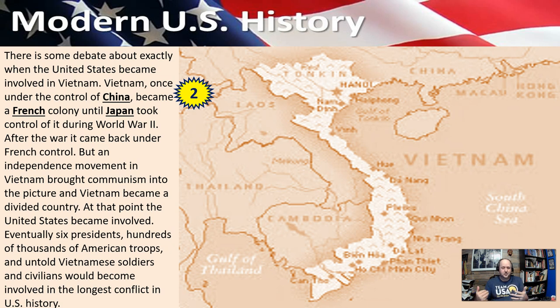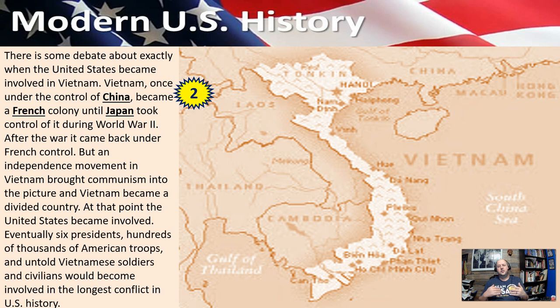So yeah, Vietnam once was a colony of China, and then became a French colony. And then Japan took control of that during World War II. So you can see all this back and forth going on. After World War II, it came back under French control. But there was an independence movement within Vietnam that brought communism into the picture and actually divided Vietnam.